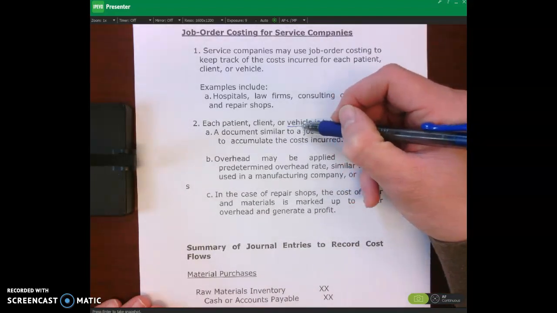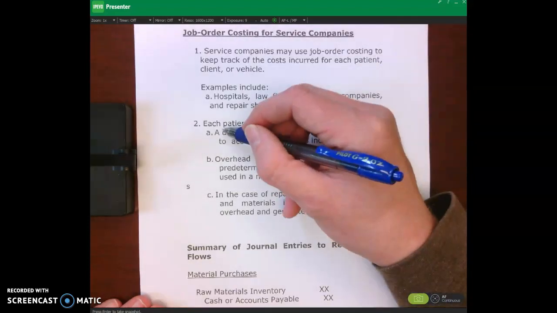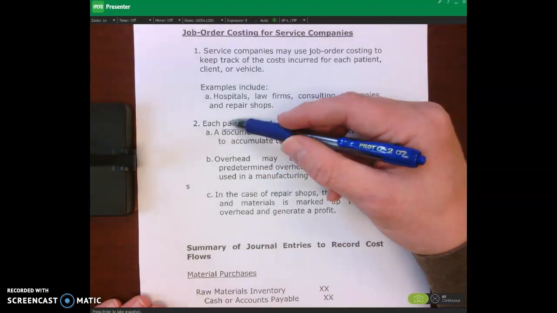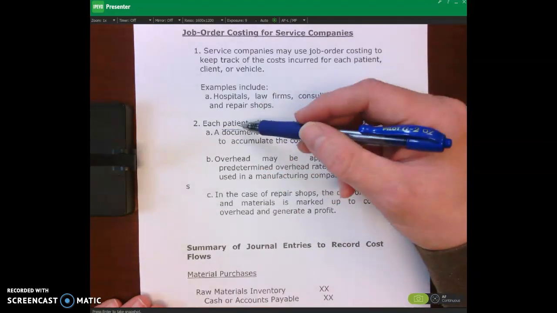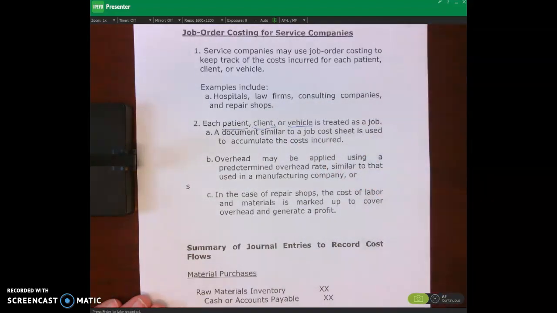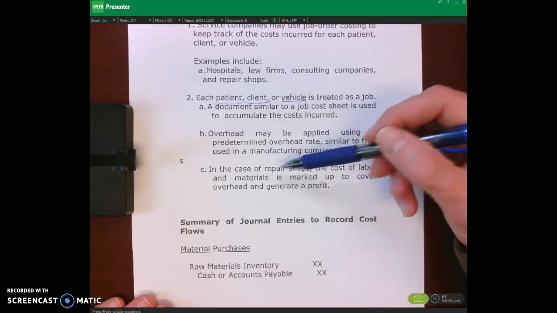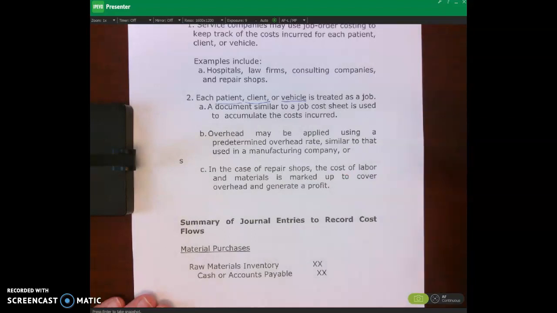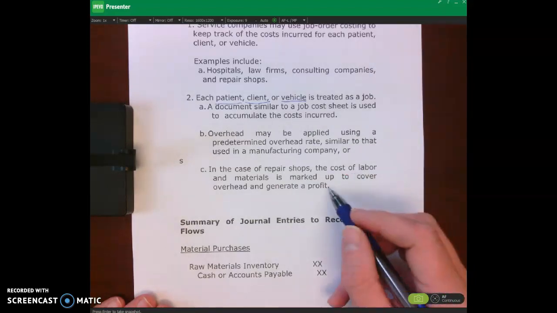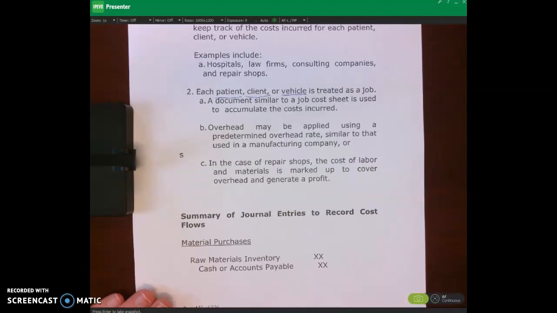In this case, it could be your car, or if you go see a lawyer, you're the client, or if you go to the doctor, you're the patient. As I was saying right over here, in the case of repair shops, they may not show you the overhead because they mark up their labor to cover their overhead and to also make a profit. Okay.